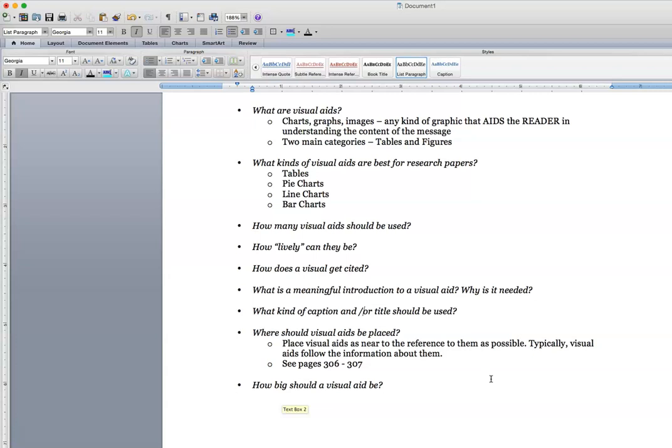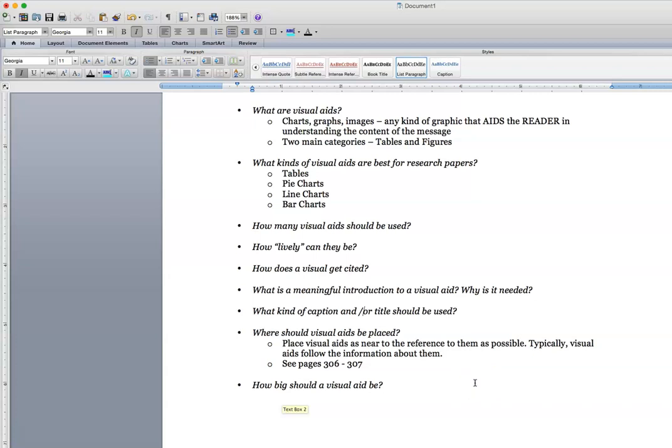A caption is just a way of tagging the visual aid and identifying, is it a table or is it a figure, and what is the basic identifier for it. That way, when you tag an image, in your table of contents, if you need a table of contents, it will automatically populate in the table of contents. So that's why we add captions. You should always caption them, whether you have a table of contents or not.